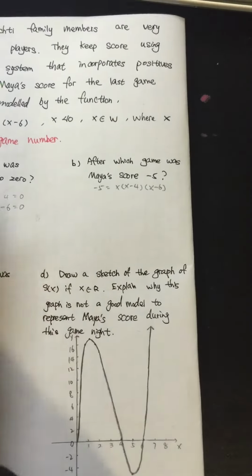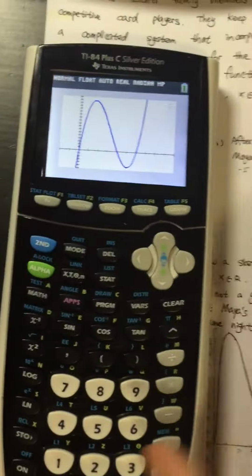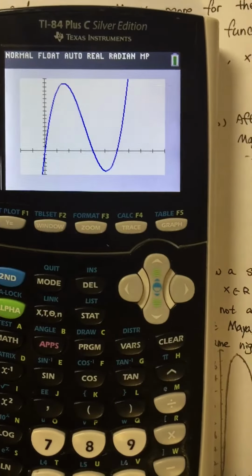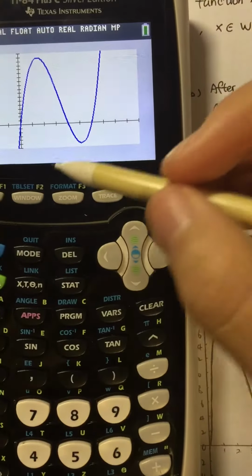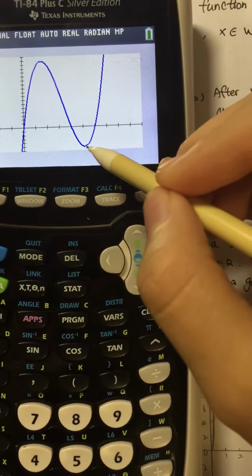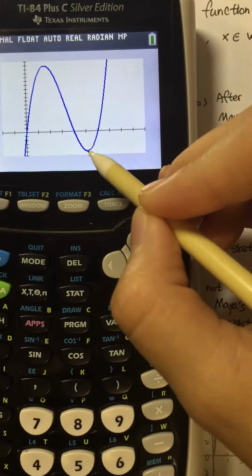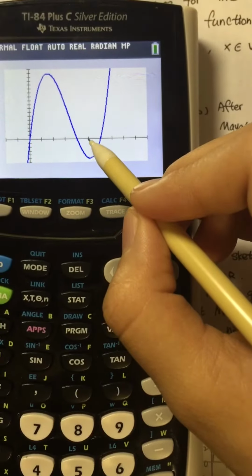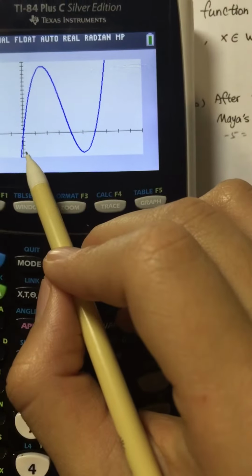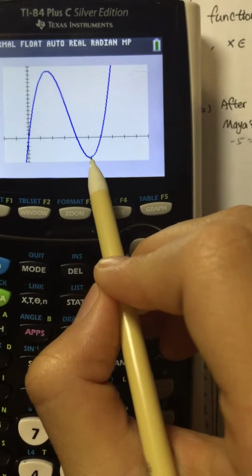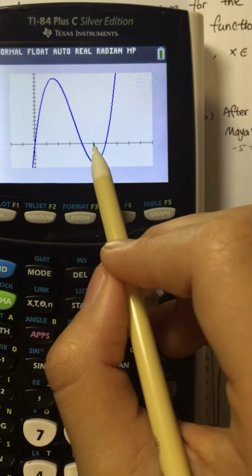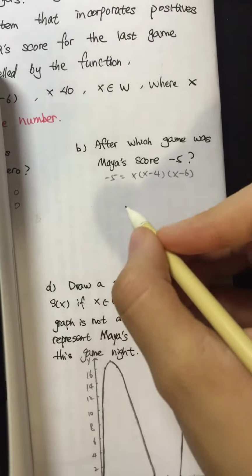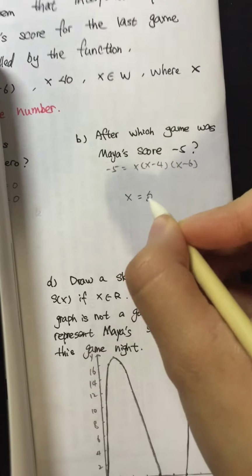And then we need to use the graphing calculator to have a look at when y is equal to -5, what is the number of x? We can easily find that when y is equal to -5, x is equal to 5. So the answer for the second question is x equals 5.